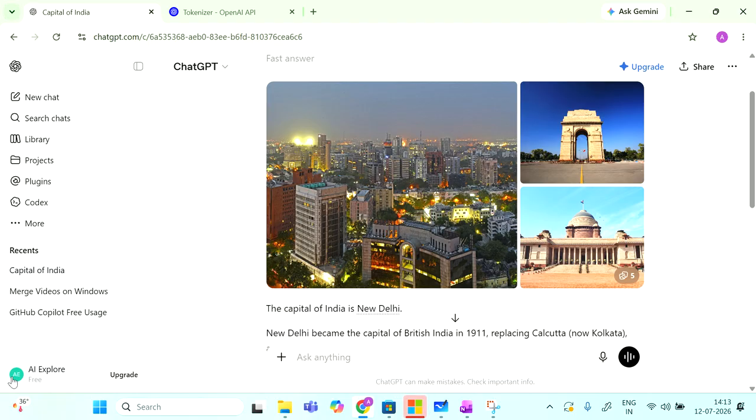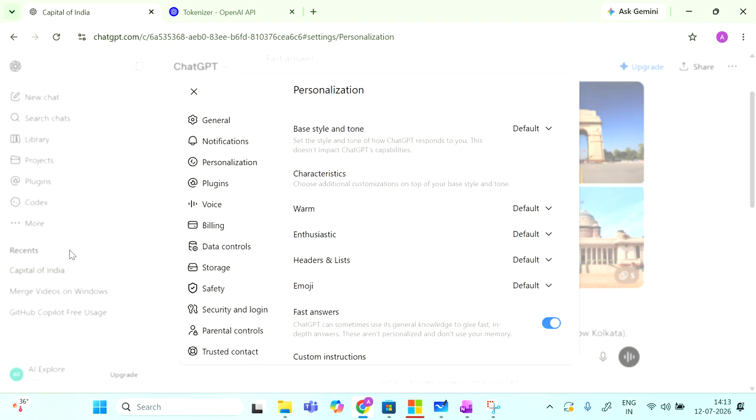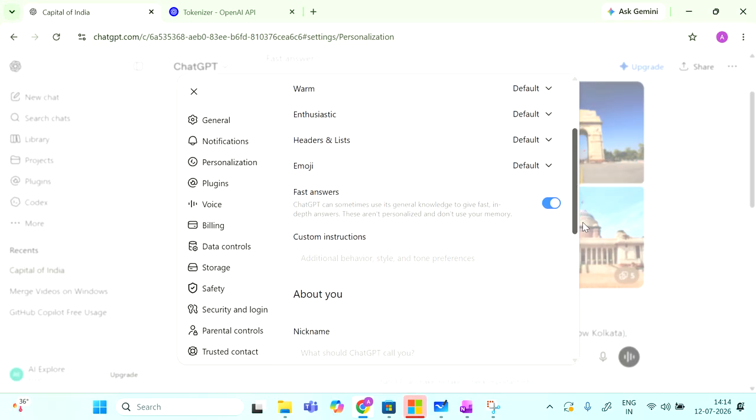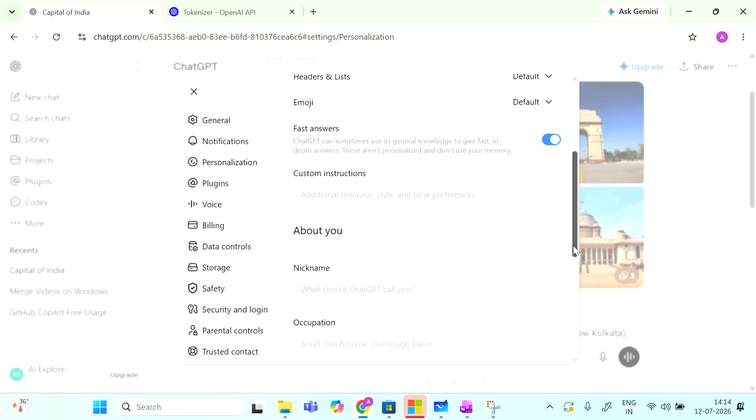So ChatGPT captures all your information into your memory. So let me show you. You can go back and give some kind of custom instruction about what you are, what you're looking for, some kind of nickname, right?